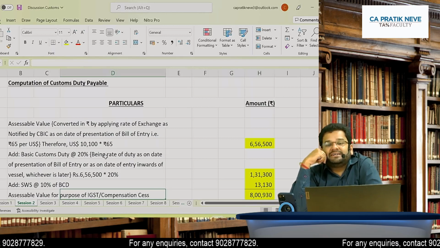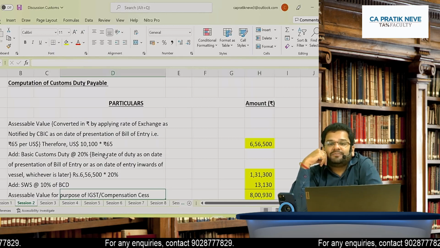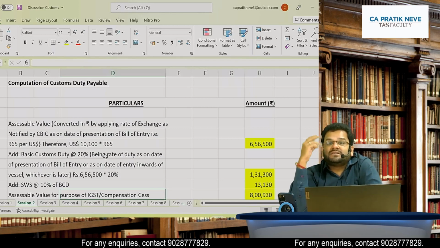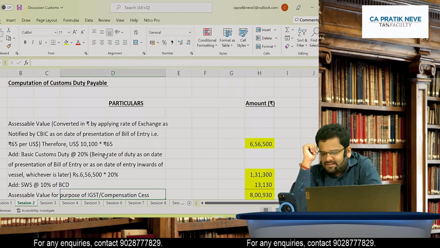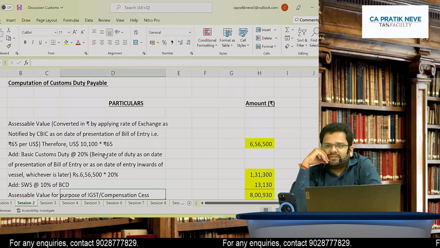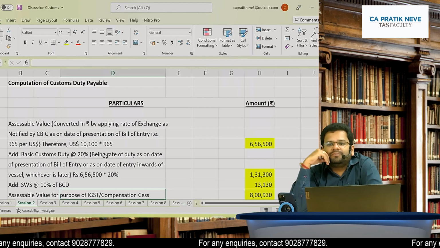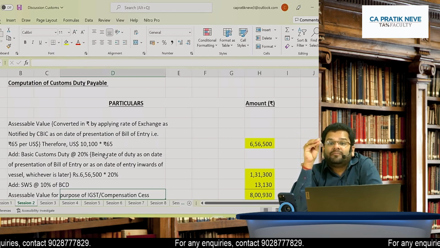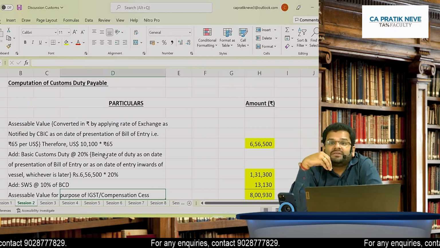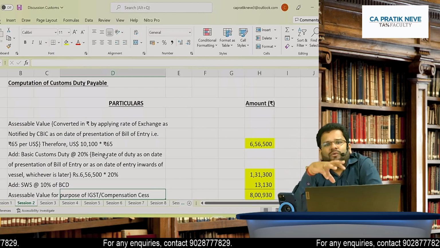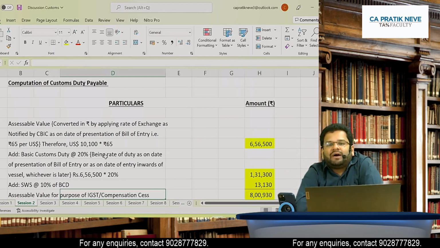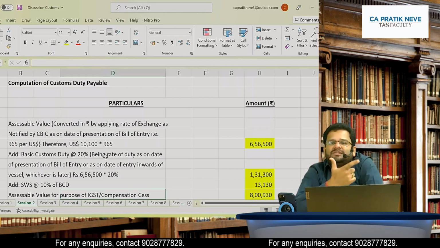What is the rate of social welfare surcharge? Social welfare surcharge is at 10%. Yes, 10% of basic customs duty. Very good, Anup. So a very basic format, that when all these duties come together, what will be the sequence and how will you calculate the final total customs duties payable?